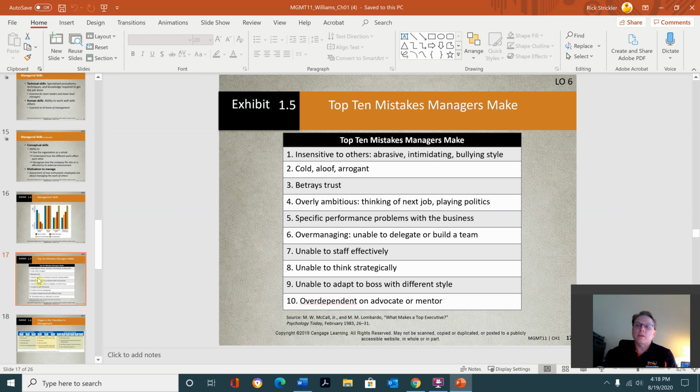So that's very demotivating, I should say. Cold, aloof, arrogant, betrays trust. You tell your team leader something in confidence, and the team leader goes and tells everybody else. So that's the last time you'll ever talk to that team leader about anything important, and so on.